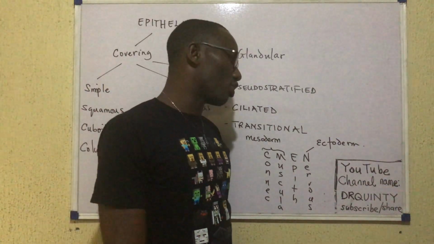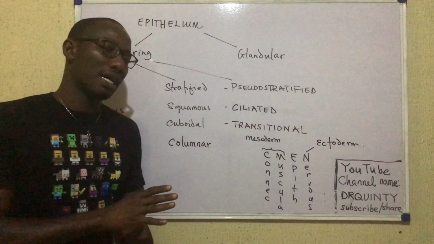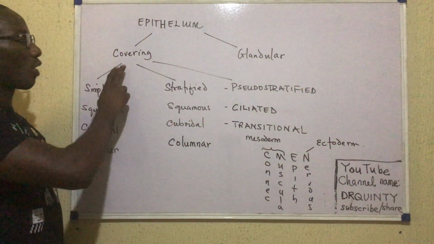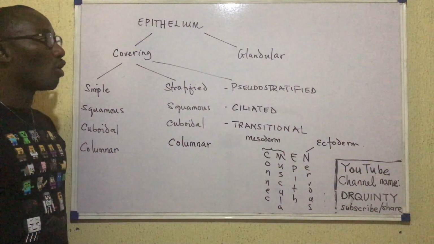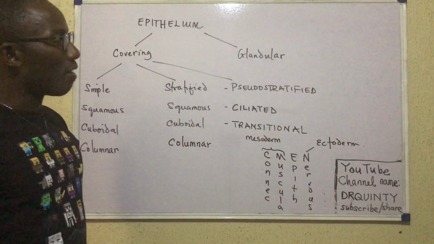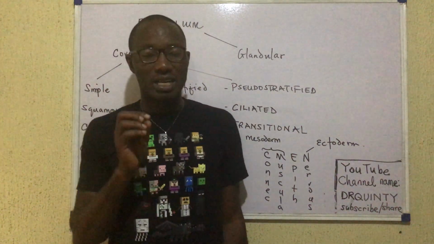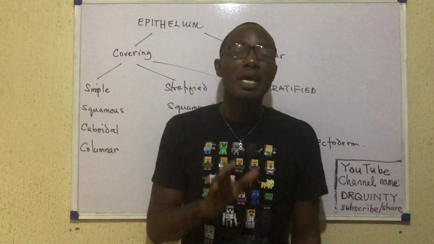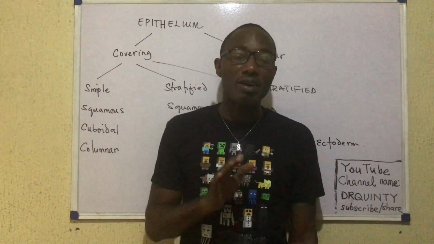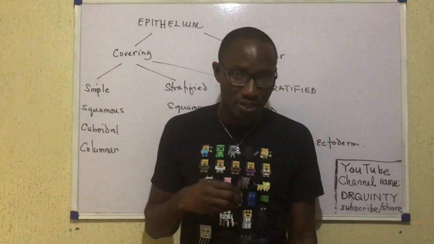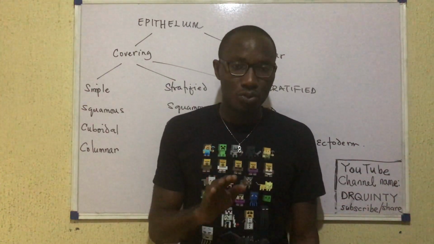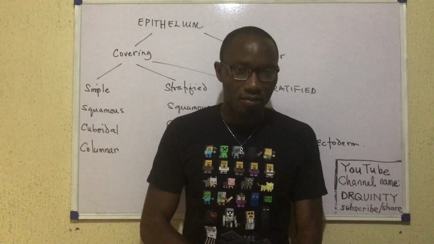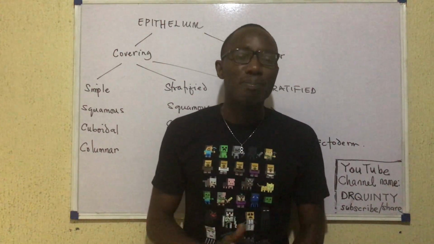Now, epithelial tissues are of two major types. One group is called the covering epithelia. And then we have the other group, the glandular epithelia. Now here's the idea. Epithelial tissues, wherever they occur in the human body, are known to line surfaces and line passages.